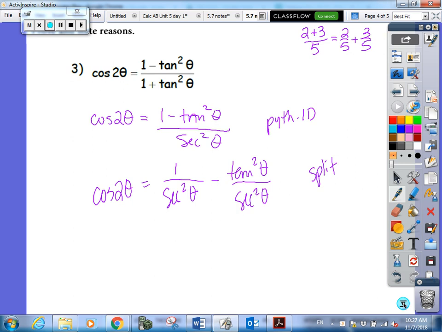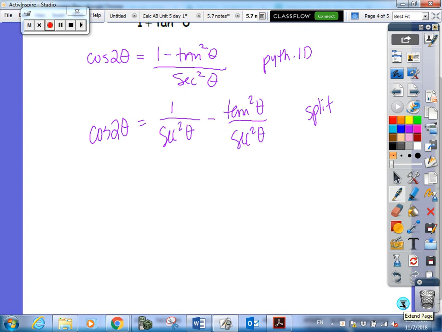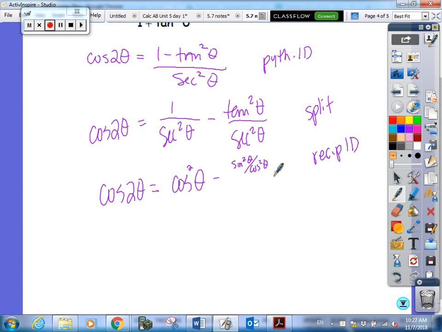All right. So now I can do something to this and something to this. So I'm going to say cosine 2 theta, because one of my cosine 2 theta is cosine squared theta minus, so there I use the reciprocal ID, and then I'm going to change tangent to sine squared theta over cosine squared theta.